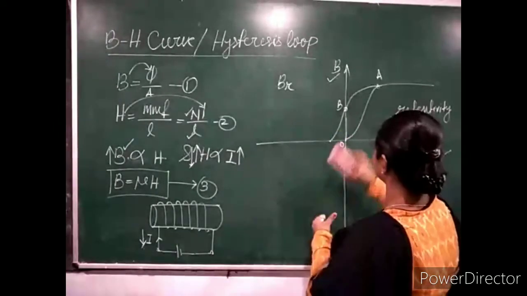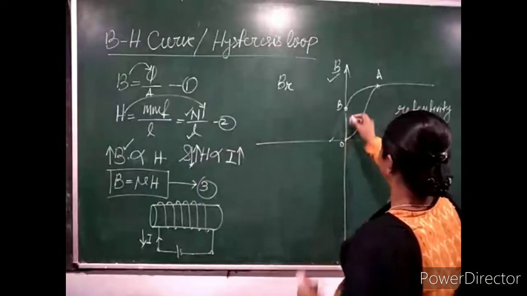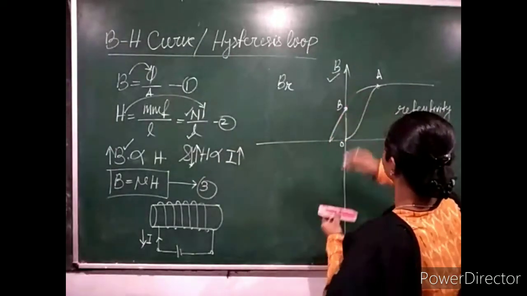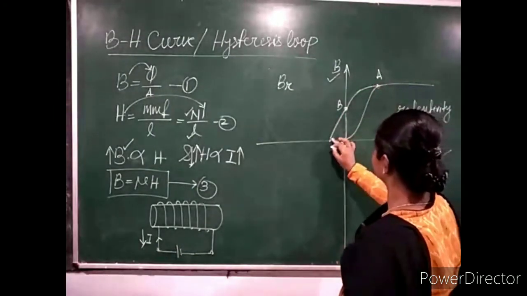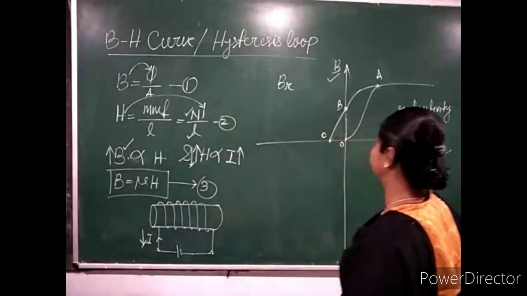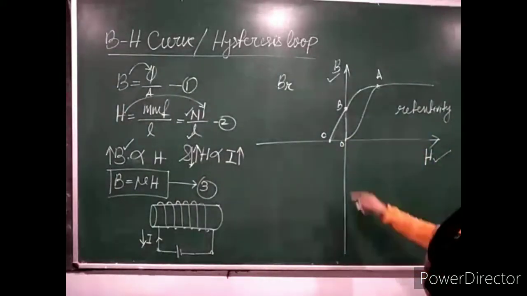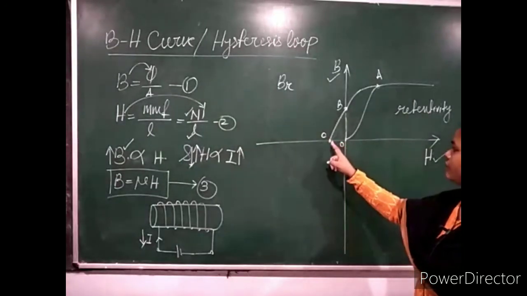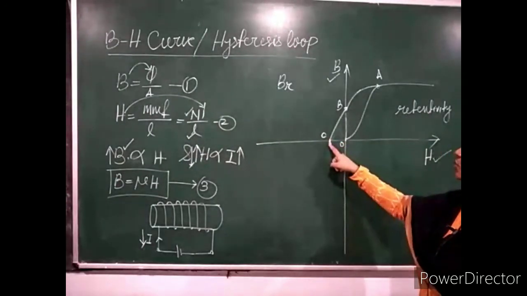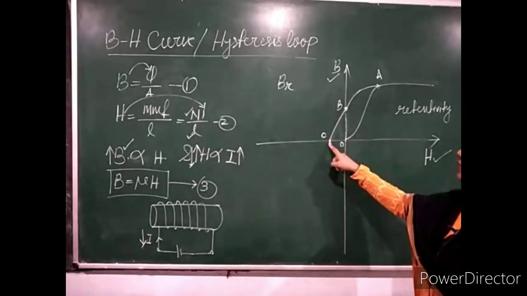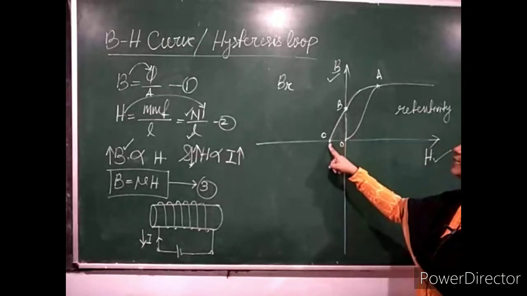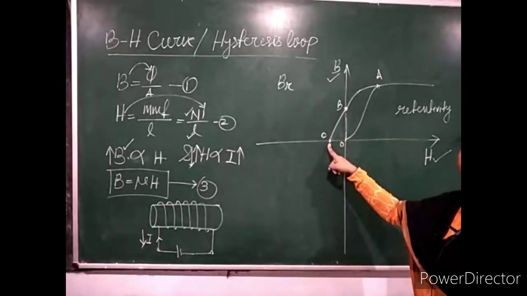Let this point be C. At point C, you see that flux density is 0, but flux intensity has some value.